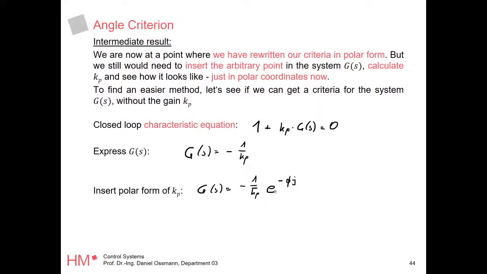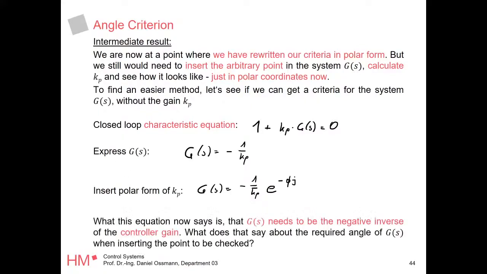And what this equation tells us is that G of s needs to be the negative inverse of the amplitude of Kp and the angle. So instead of checking our controller gain after solving the characteristic equation, we can derive something where we only need to check G of s. And G of s needs to have an angle which is the same angle as this guy here. And this is our gain, right?